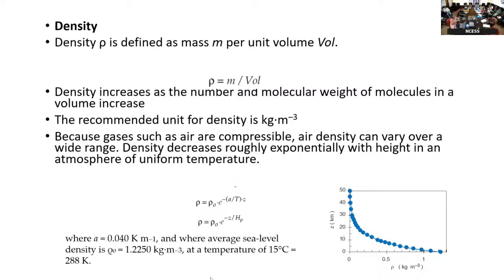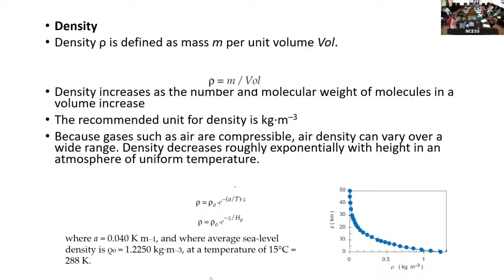Both equations are given there, and the curve resembles the previous one. This is the variation in density.